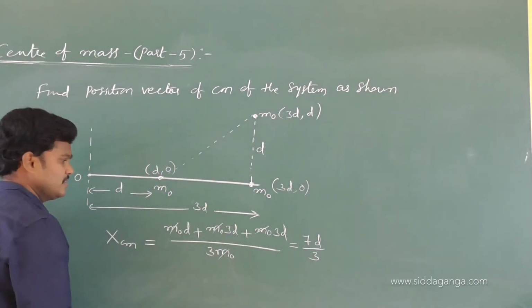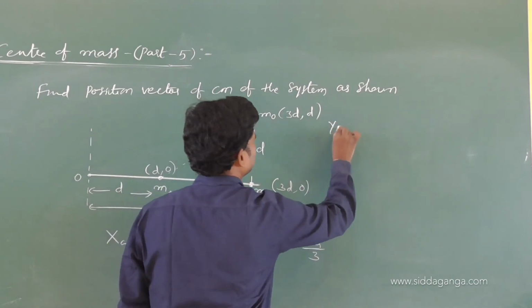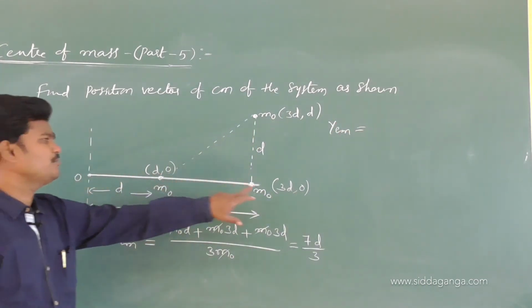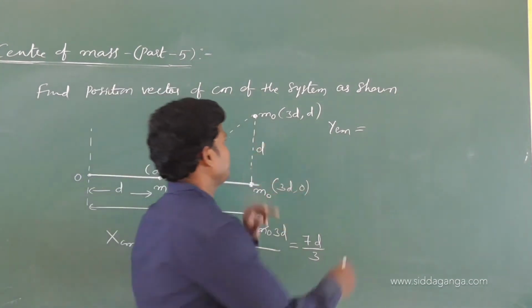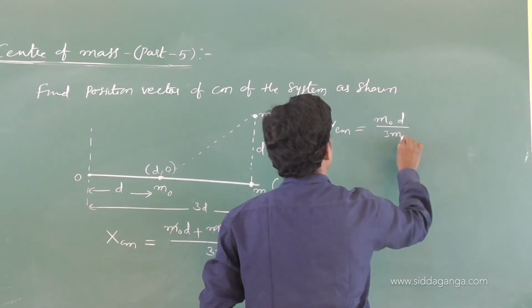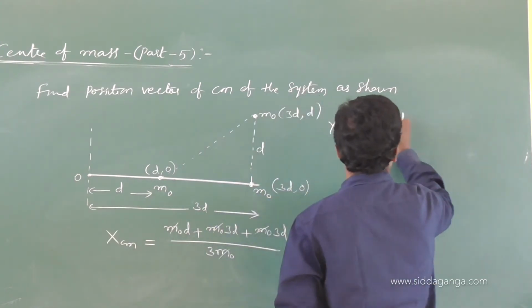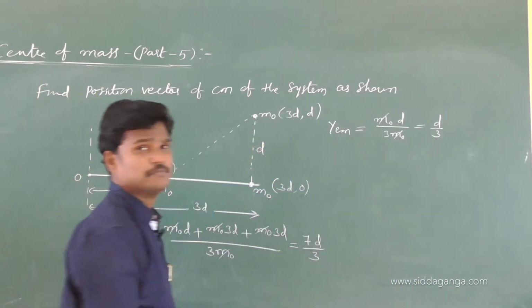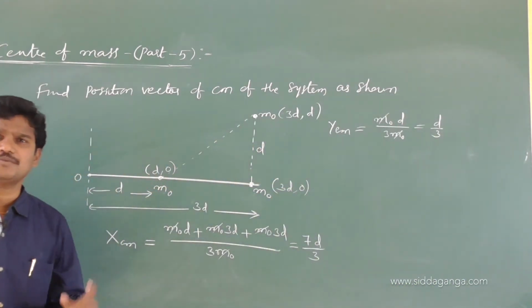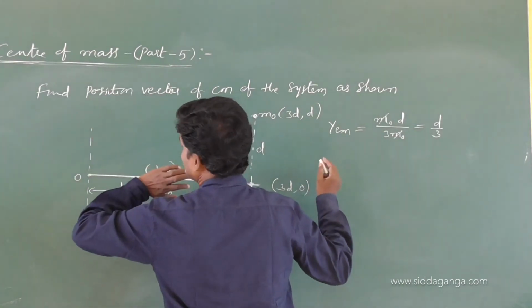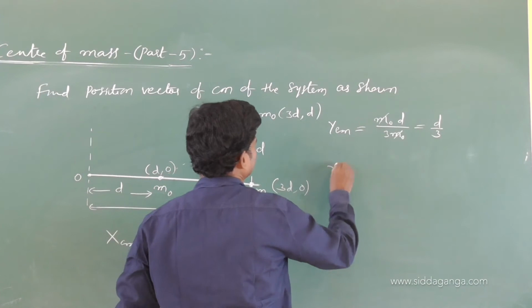And find Y_CM: m1 y1 plus m2 y2 plus m3 y3. m1 y1 is 0, m2 y2 is 0. m3 y3 is m naught d, divided by 3 m naught. So Y_CM is d by 3. So I got 2 coordinates, X_CM and Y_CM. They are asking for the position vector of center of mass.